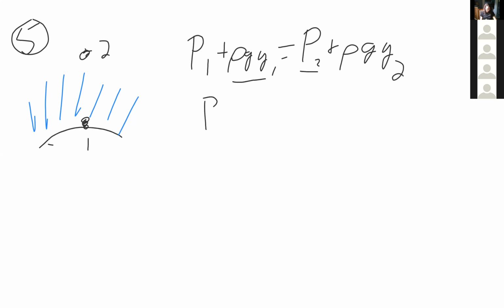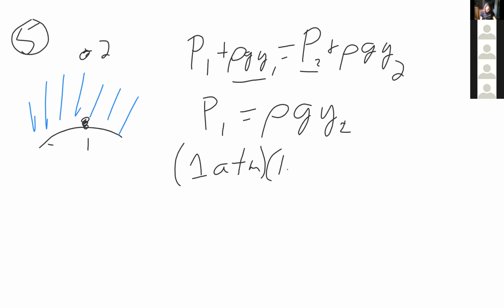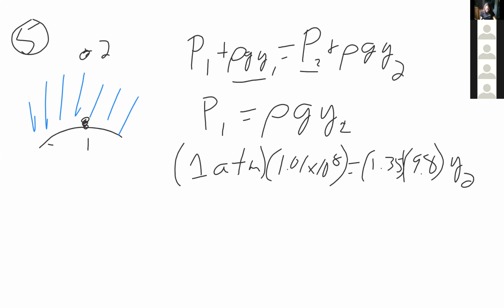And we just have that the pressure at 1, which is 1 atmosphere, has to be equal to rho g times the y at 2. Then we plug in our 1 atmosphere times the conversion factor of 1.01 times 10 to the 5th pascals. It'll have to be equal to the density of the air. Mine's given as 1.35. I think everyone might actually have the same thing in this problem. And my g is 9.8, and I just solve for y2.